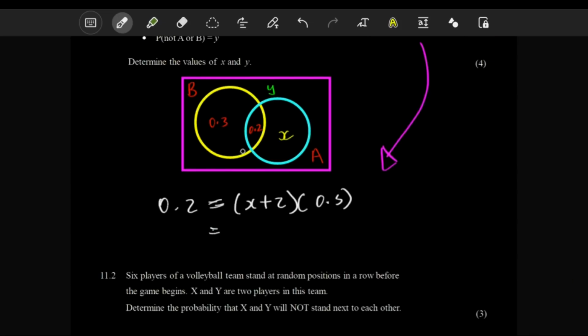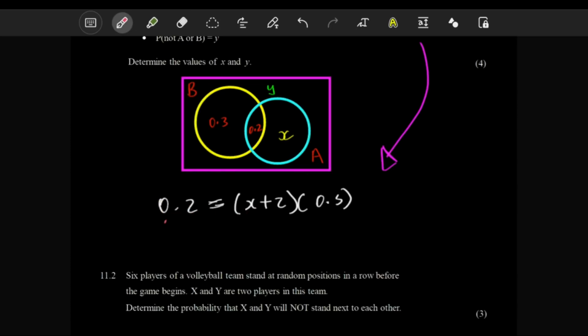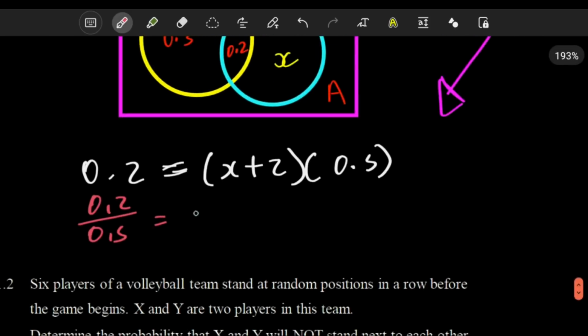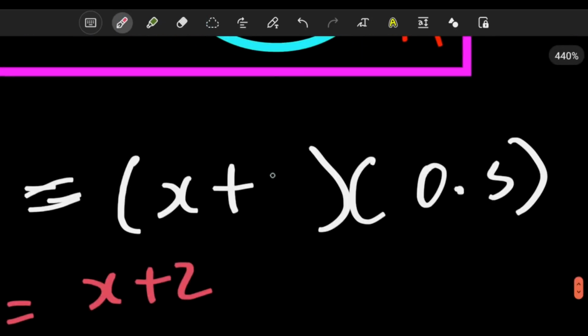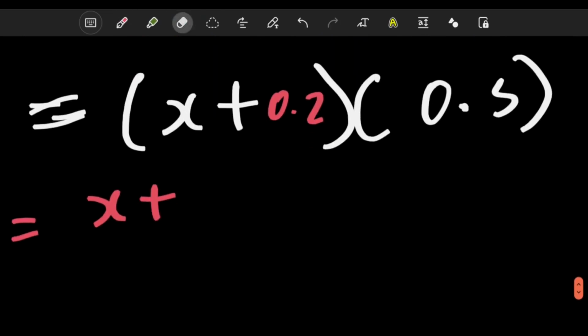You're trying to solve for x here, so the best thing you can do for yourself first is to just divide by 0.5 on both sides. So here, divide by 0.5, and then here you're going to have the x plus 0.2.